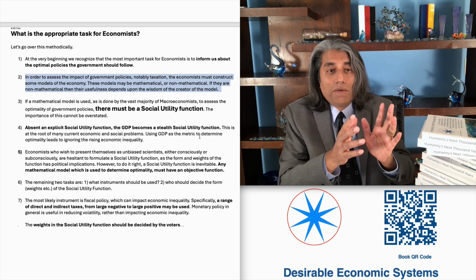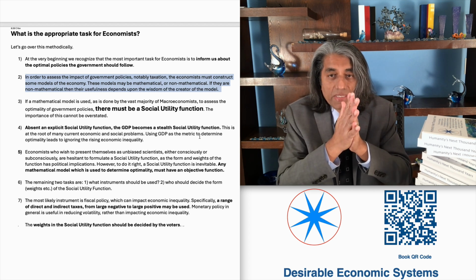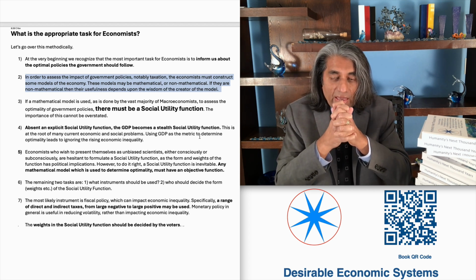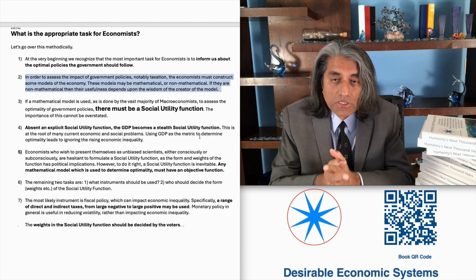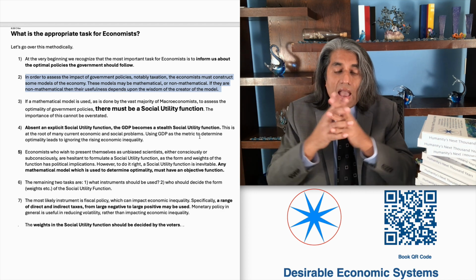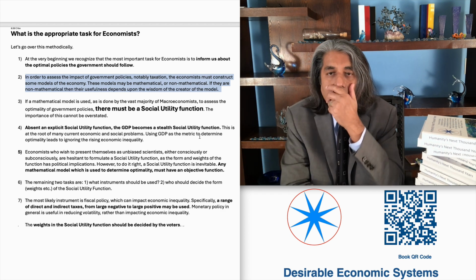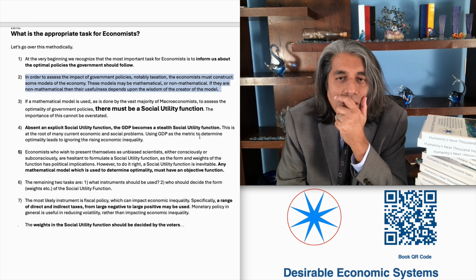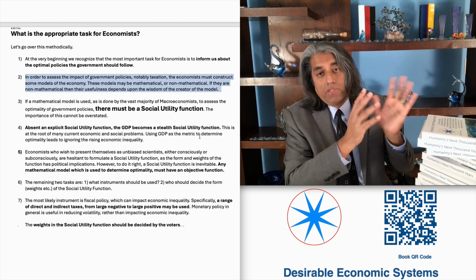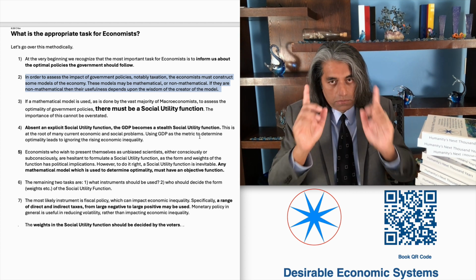And if the model is non-mathematical, then its usefulness depends on the wisdom of the person who has created the model. Okay, but let's stay with these mathematical models for now.